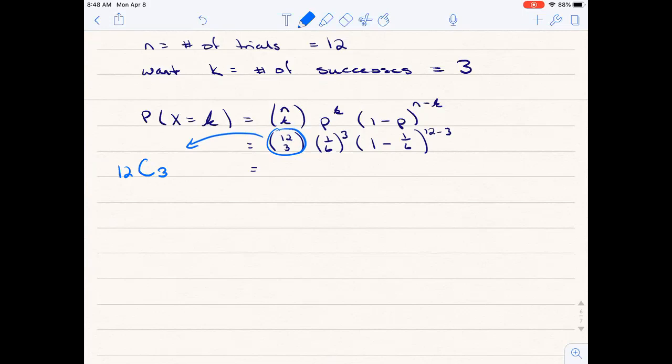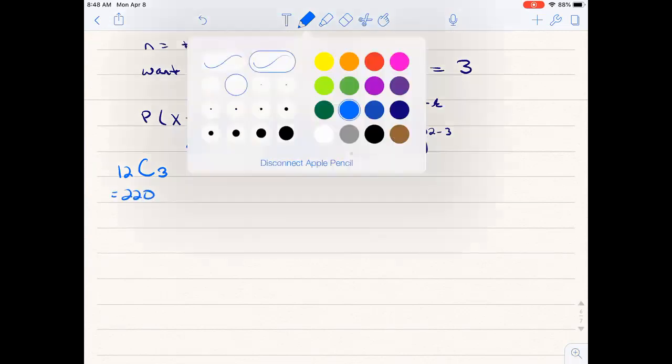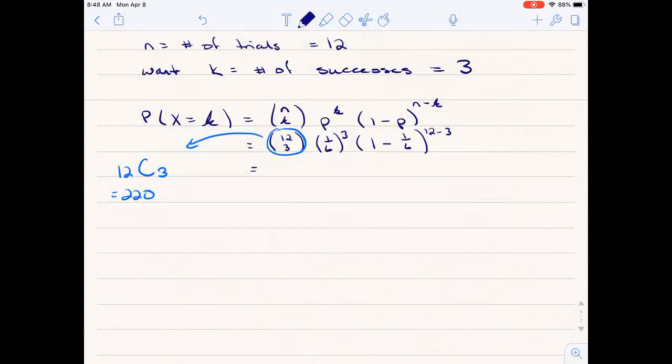So second nCr, then 3, equals, and I get 220. So there's 220 ways that I can have exactly 3 successes in 12 trials.